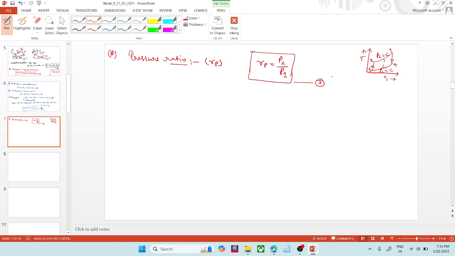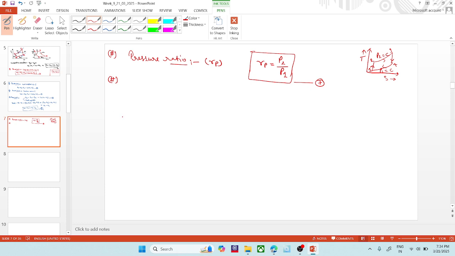Okay, so this was my question number 7, the definition of the pressure ratio. Next, we can also have some relationship between this temperature T2 by T1 and this T3 by T4.